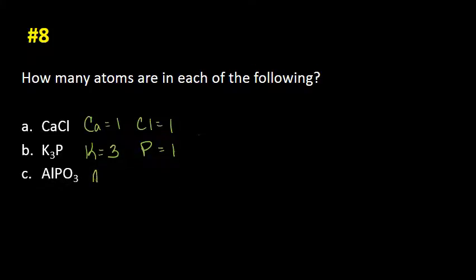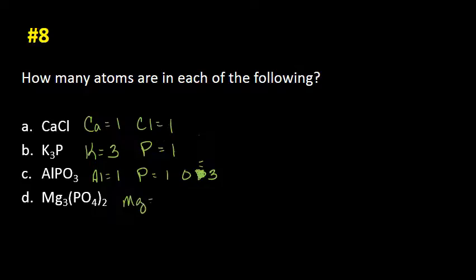There's 1 aluminum, 1 phosphorus, and 3 oxygens. Oops, should put an equal sign. That's supposed to be an equal sign. Okay, well, I'll just scribble it out. Start over. Equals. There we go. Pause the video. See if you can do this one. There's 3 magnesiums. There's 2 phosphoruses. And there's 8 oxygens.